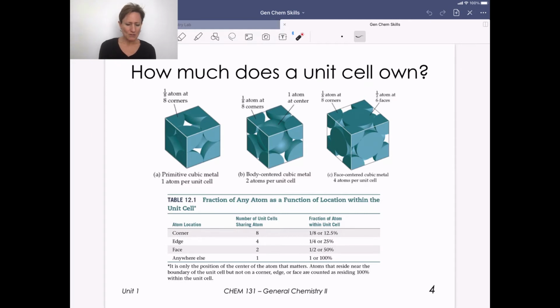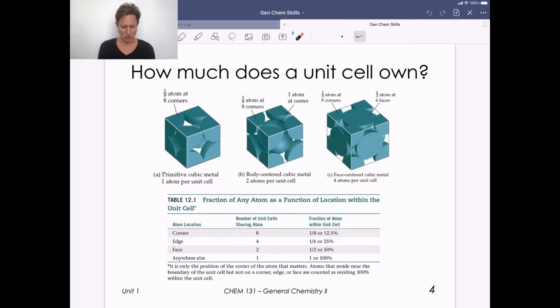For example, if you are an ion that exists on the corner, you've got 8 different cubes that all own a little piece of that sphere. This is 1/8 of a sphere that's there. If you are in the center, you are owned 100% by that unit cell. If you are on the face, you own 1/2 of it.